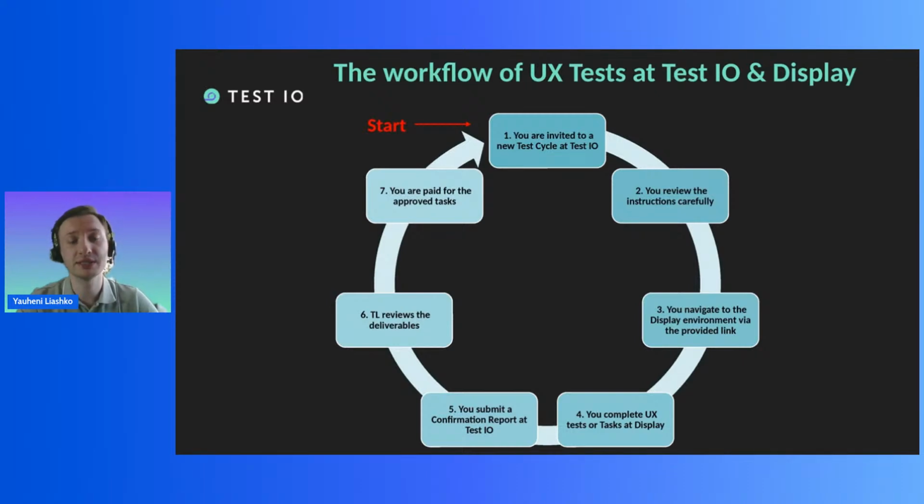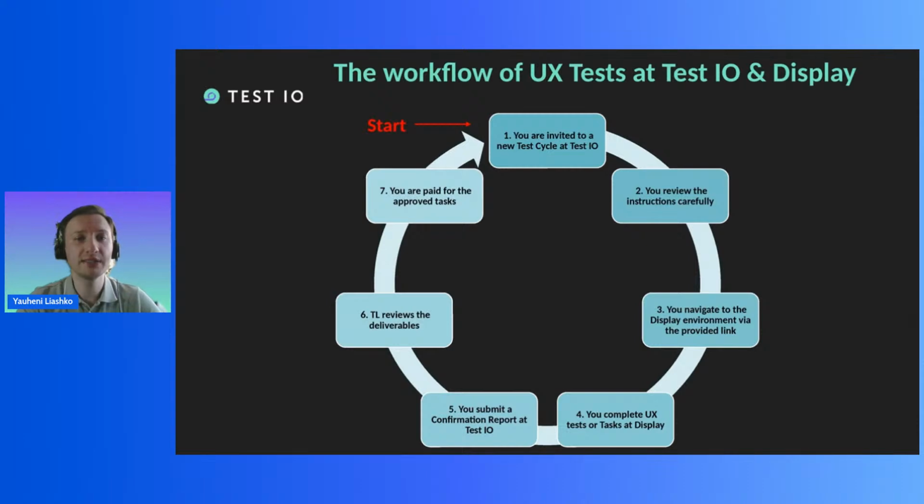Then, in the third step here on the slide, there is a slight difference from a regular test cycle because if we are involved in a regular test cycle, in the environment field, we have a link to, for example, the website that we are going to test, or a link to the mobile application build that we need to install on our device, and so on.